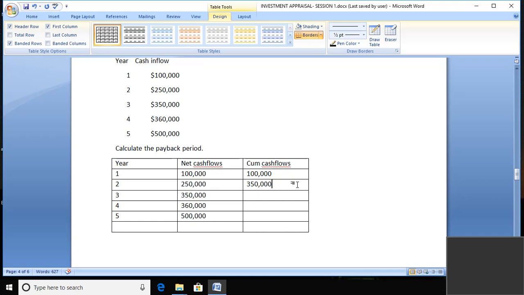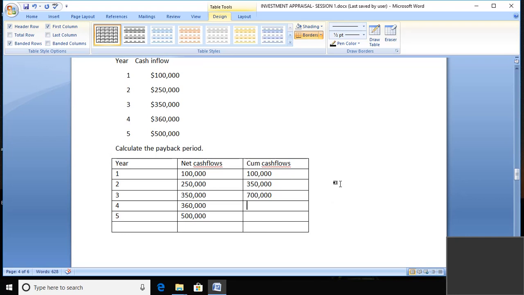If you add the third year's cash flows, 350,000 plus 350,000 gives you 700,000.